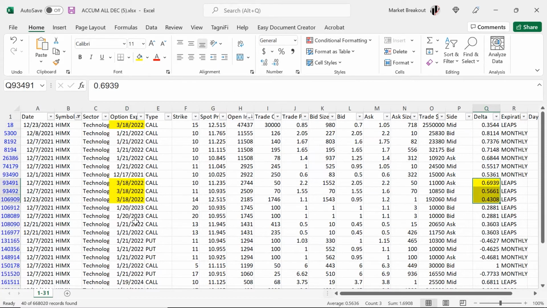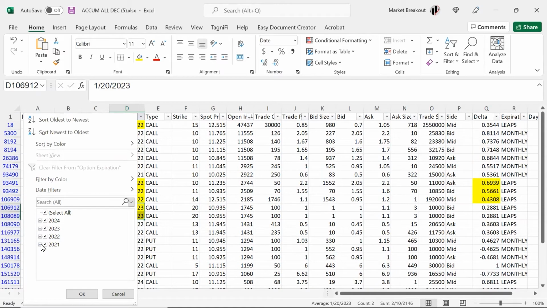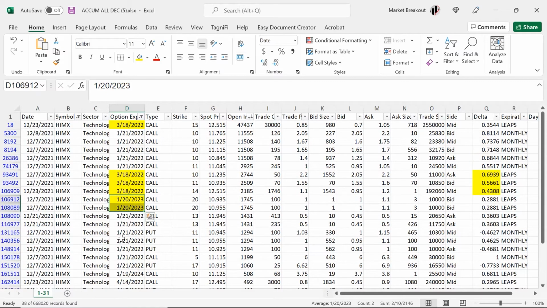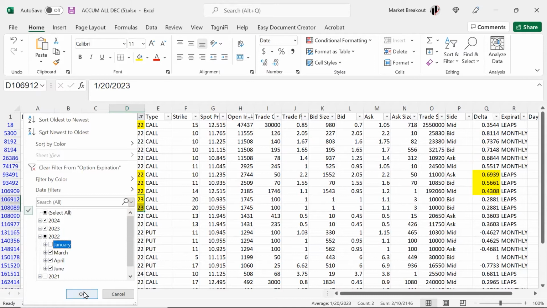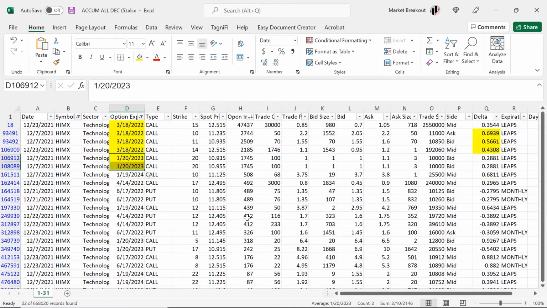We see they accumulate call 20 June. Okay, we can, for example, unclick December, maybe January. Okay, it's more clear. We see again 2024 safety delta calls.